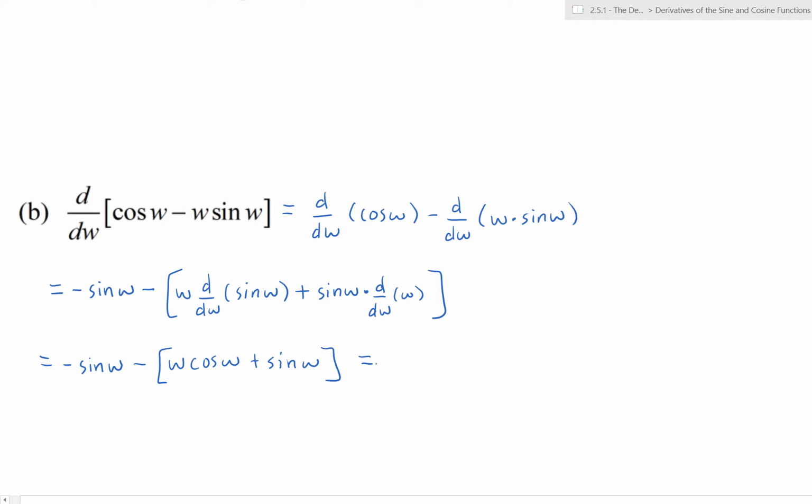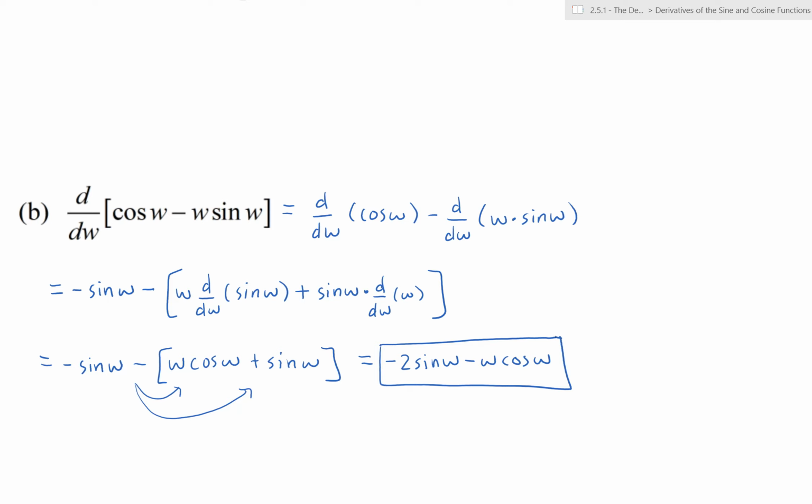And then cleaning this up, distributing, we have a minus 2 sine w and then minus a w cosine w, right? Just distributing the minus sign and collecting the like terms. And there you have it. There's another derivative. So as long as we remember what the derivative of cosine w and sine w is, with respect to w, of course, then this is just the same thing that we were doing before with product rule.